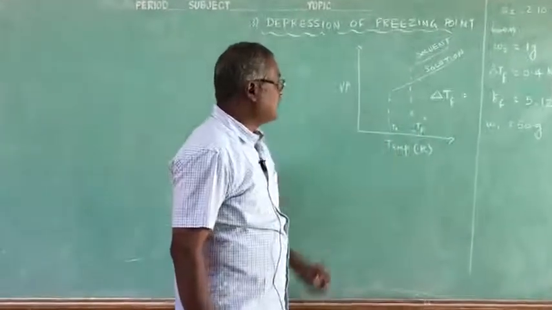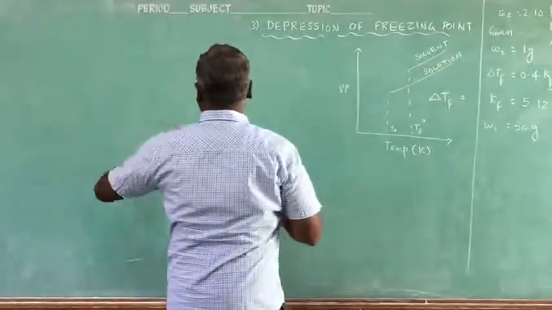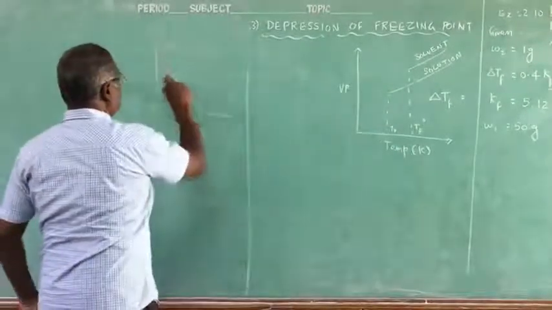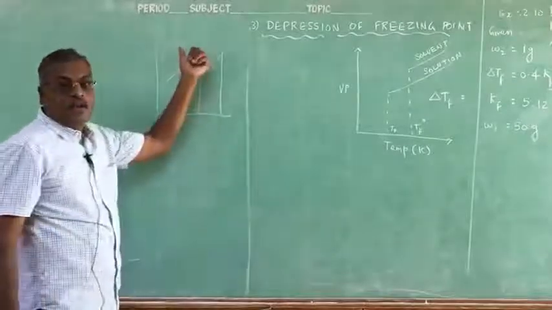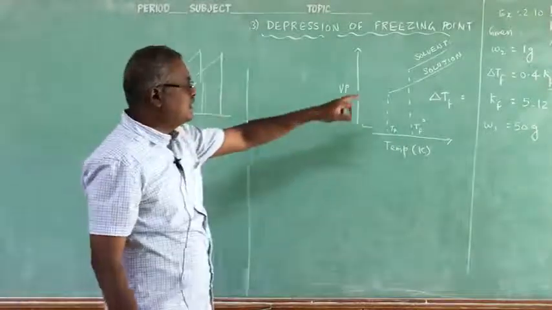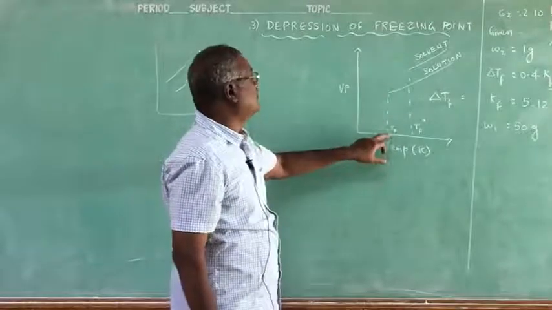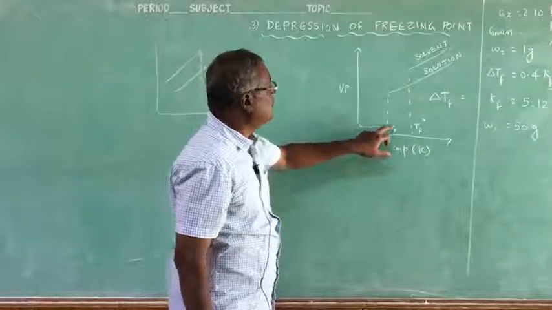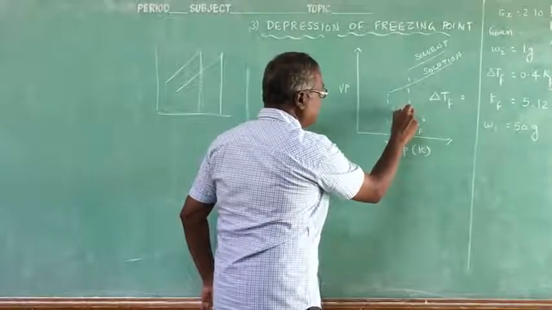For boiling point we saw the topmost edge, whereas here you have to see the bottom, that is the freezing point. The freezing point of solvent is TF naught, here TF, and the difference is delta TF.